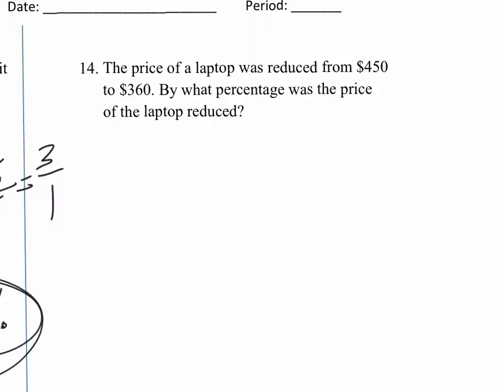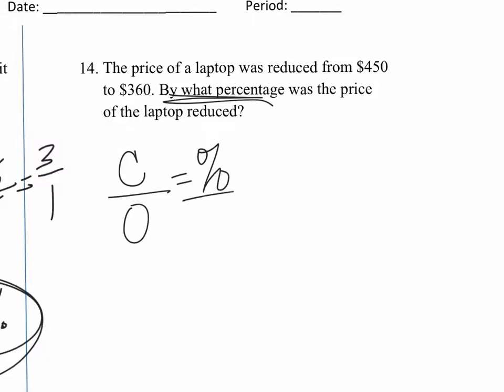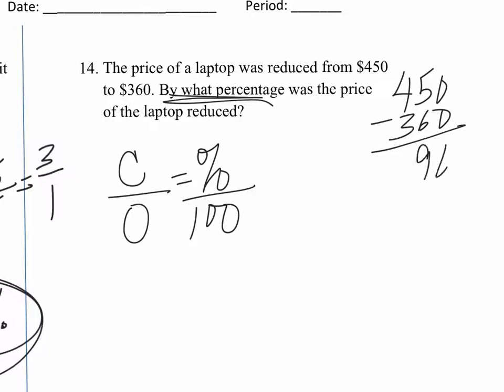Number 14. The price of a laptop was reduced from $450 to $360. By what percent was the price of the laptop reduced? So you're looking for change over the original to give you the percent out of 100. The change, the difference between the two, 450 minus 360 is 90.